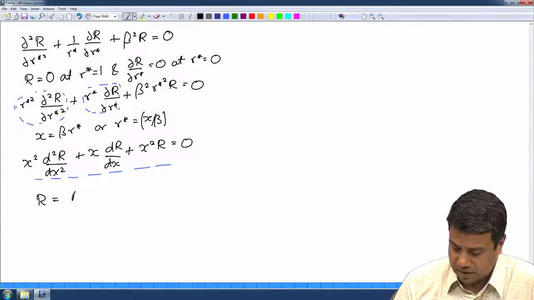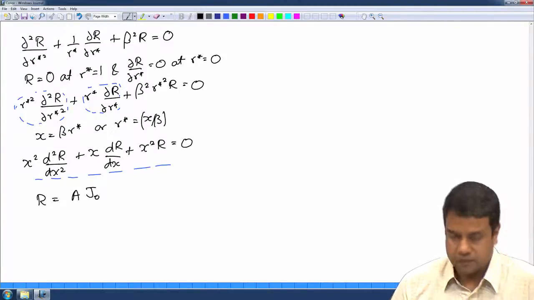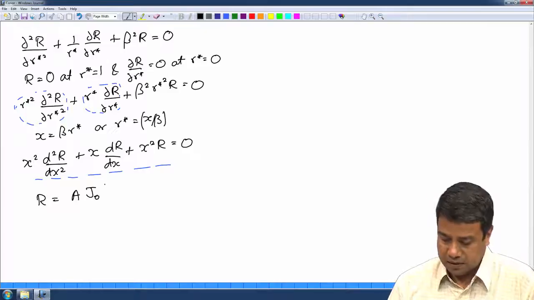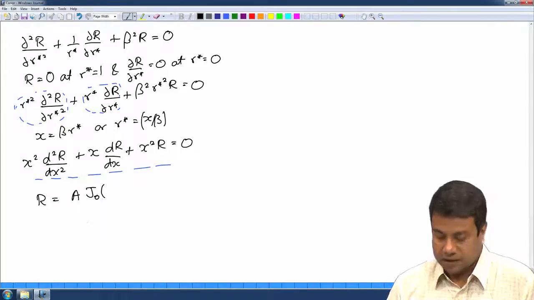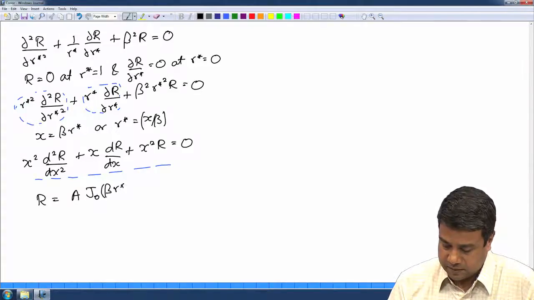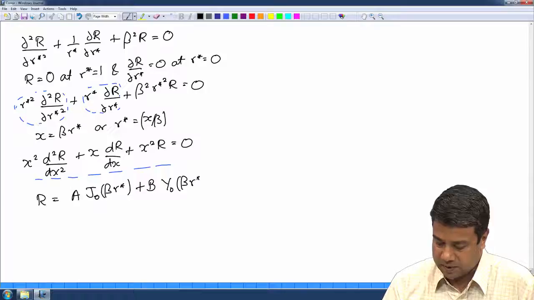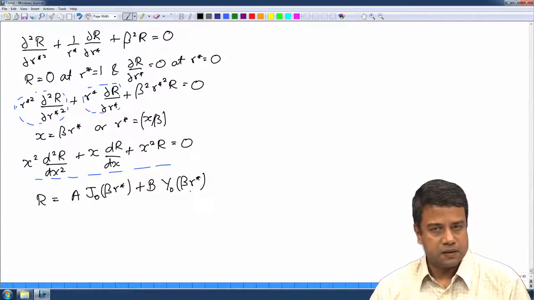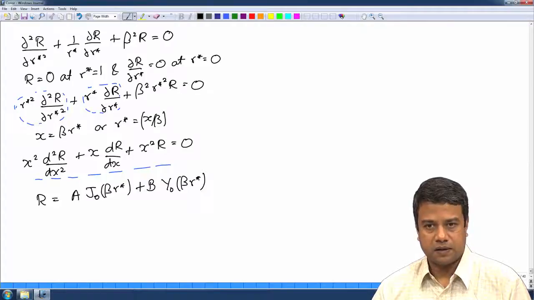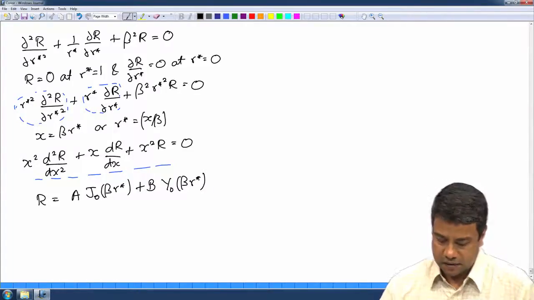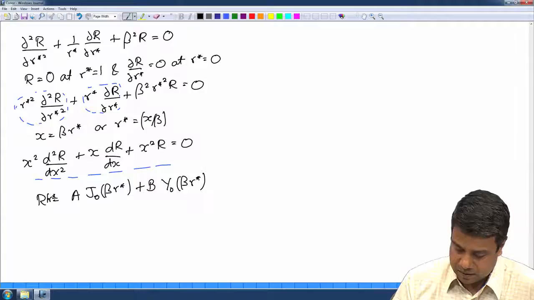R is equal to a times j 0 of x plus b times y 0 of x, where x is equal to beta times r star. So, these are the Bessel function solutions for the radial function r, which is a function of r star.